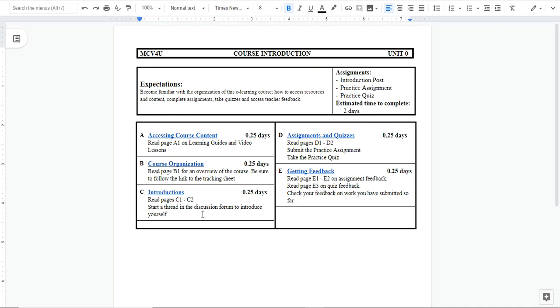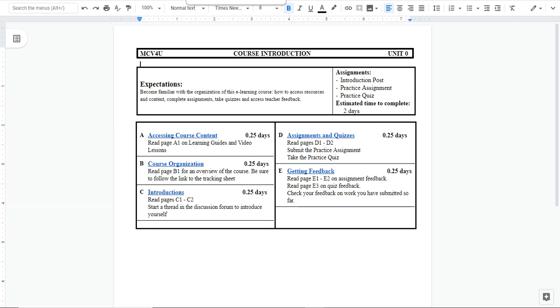So for instance, if you were working away on the next section on the introductions, if you had read pages C1 to C2, you could just check that off, and when you came back to work on it again, you would know that you had to do the next thing on the list that hadn't been checked off. Okay, so course overviews, unit overviews files are really useful.